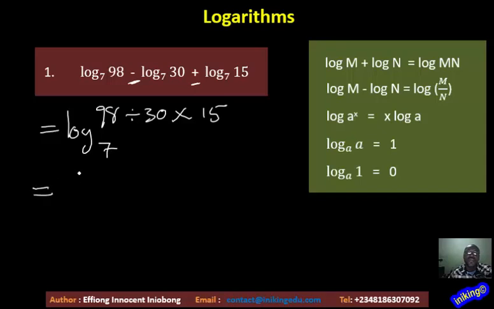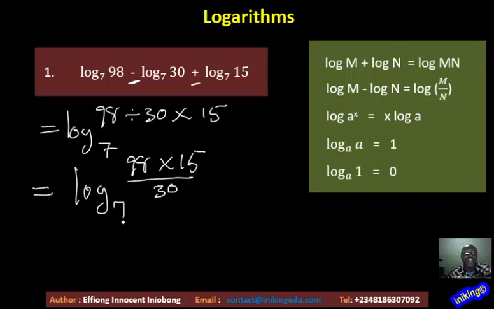And what does this imply? Simple arithmetic means you're going to write this as 98 times 15. Divide by 30 means the 30 can go downstairs, and we have this to base 7.